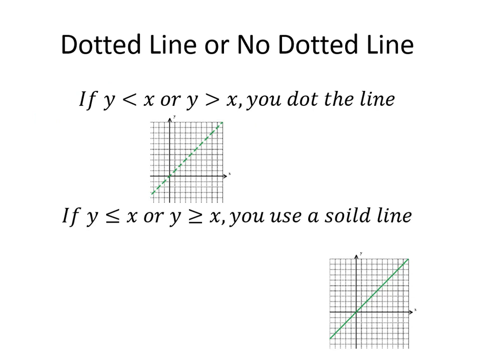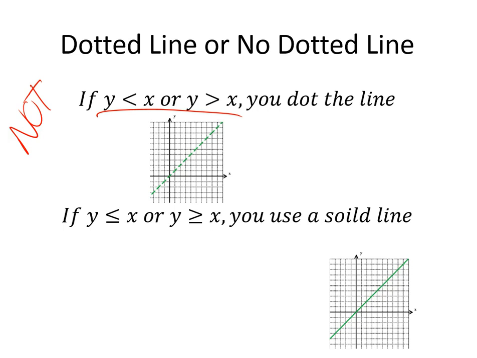Now, with these functions, we have dotted lines and solid lines. If you ever have something that's just less than or just greater than, and it is not, I'll repeat, not equal to, then it's going to be a dotted line. It means that we go up to that line, but we do not include that line, because it's not equal to. So anywhere along that line are not answers.